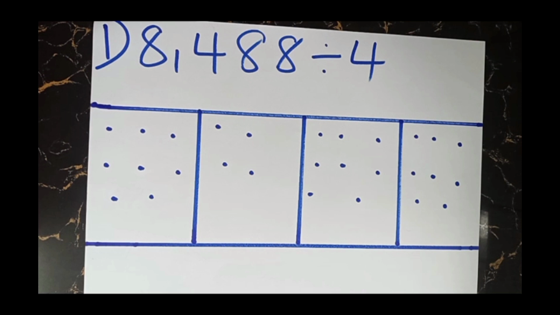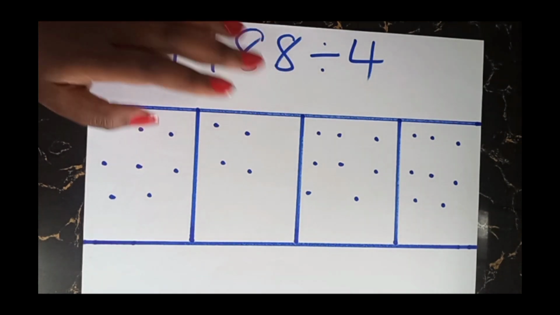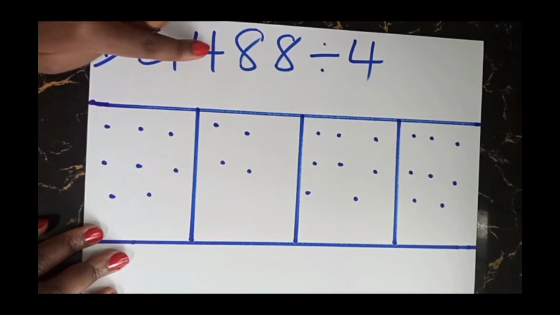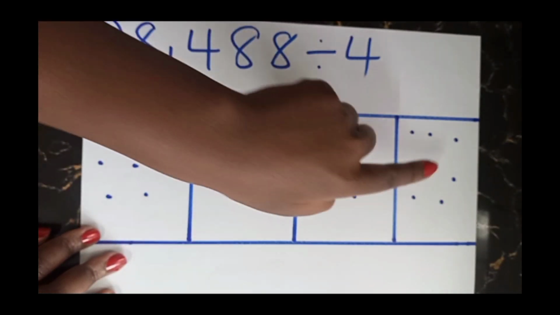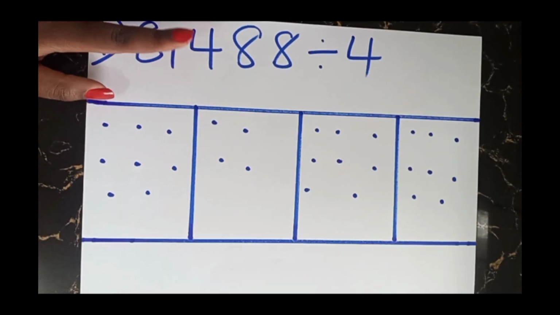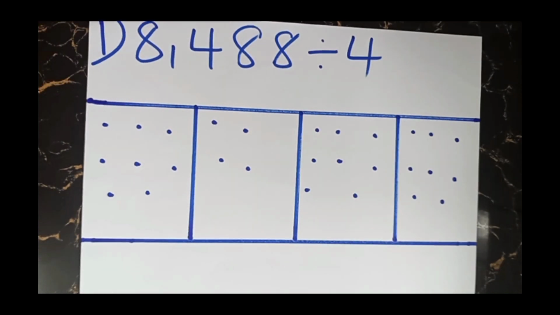Yeah, so now let's do the maths. This is 8, 4, 8, and 8. Are we together? So for every box, we'll see how many groups of 4 we have, okay? And every box is a number, please.